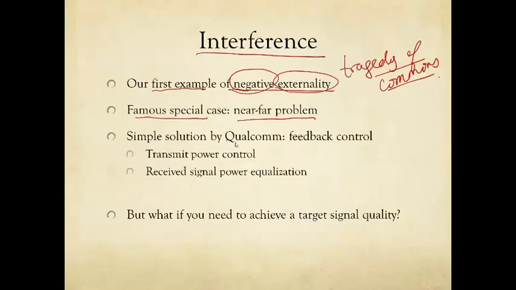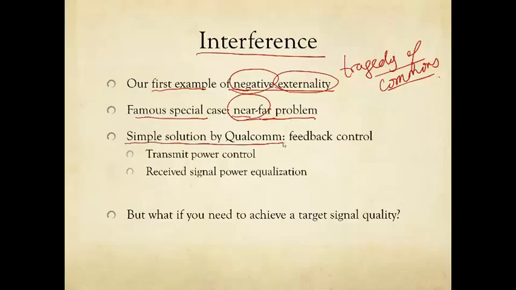And therefore, the distance the signal traverses is much shorter, and the signal received at the base station is much stronger than yours. And it can drown out your signal. And that is what we call the near-far problem. The near user will overwhelm the farther away user's signal.